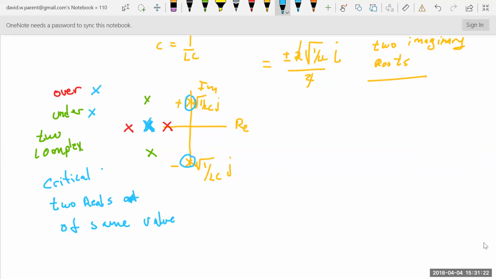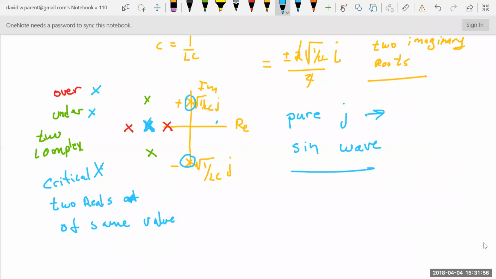And it's not critical because there's not 2 real roots at the same spot. And so in fact, it's none of the above, right? And one thing to say is, pure j usually implies some kind of sine wave, all right?